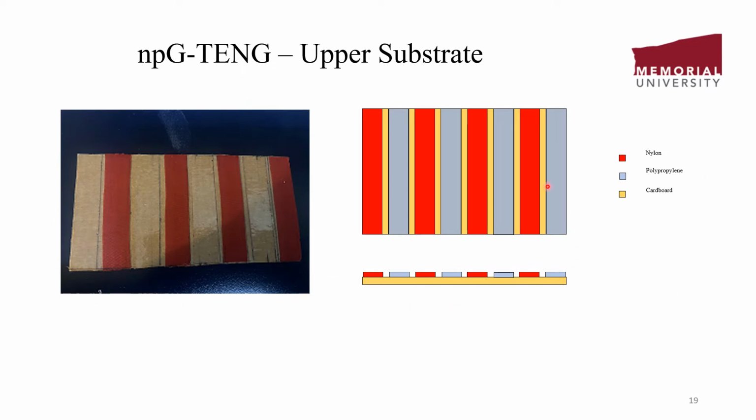So this will be helpful to understand the results of our experiment. And so this is our upper substrate of the negative and positive grating structure. We used nylon and polypropylene. Those are the nylon layers. There are 8 layers in an interdigitated pattern, nylon and polypropylene, placed with a 2 millimeter gap on a cardboard base plate.